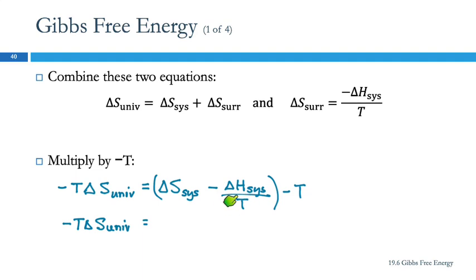When I multiply this guy by negative T, it just becomes delta H minus T delta S for this system.